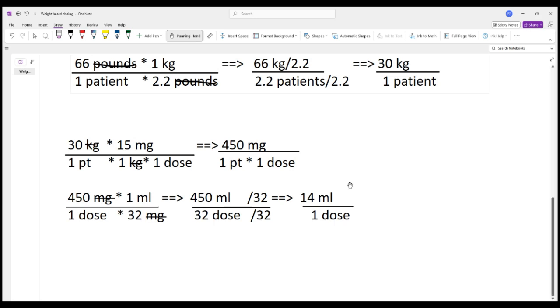If my answer was, let's say, 14 dose over patient day dose grams, okay, something's not adding up here. I've done something wrong, right? And so this is going to tell you, hey, go back, take a look at your problem, see if what you're doing makes sense. So very, very helpful tool here. And so always pay attention to those units.